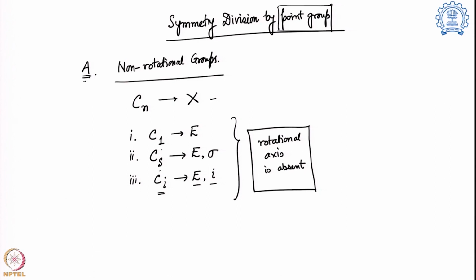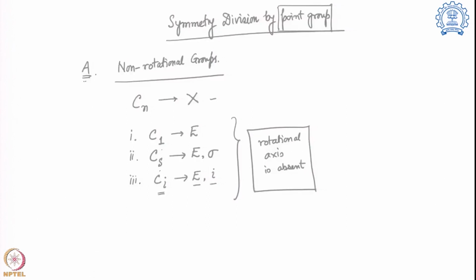So, after this we have another set of point groups, we will come into it, and over there we call them single axis groups.